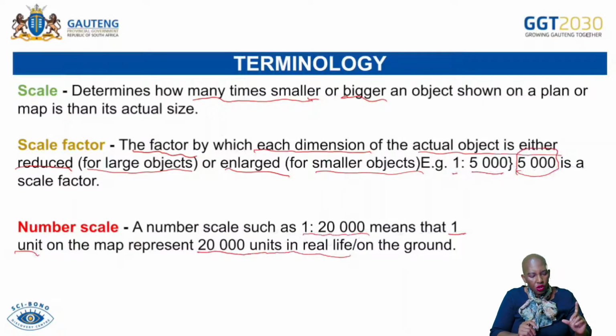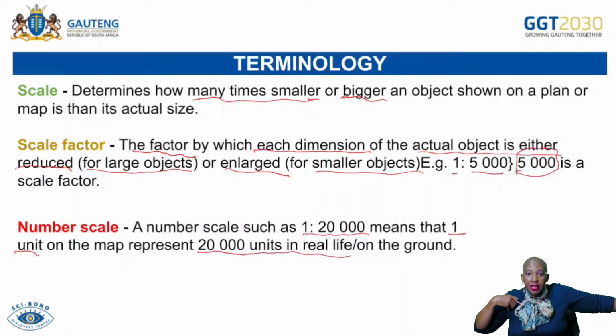If they say the length of the room is 3 meters and the width is 2 meters, we know the room is 3 meters by 2 meters. But in reality, on paper they will measure the 3 meters. Remember, this is the size of a meter.